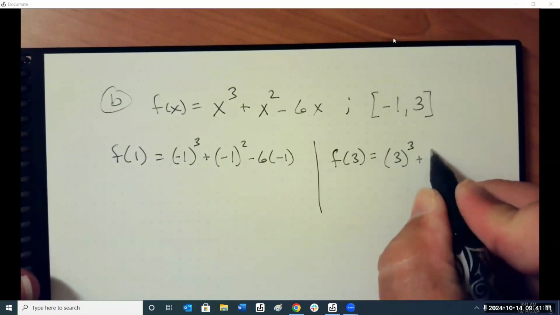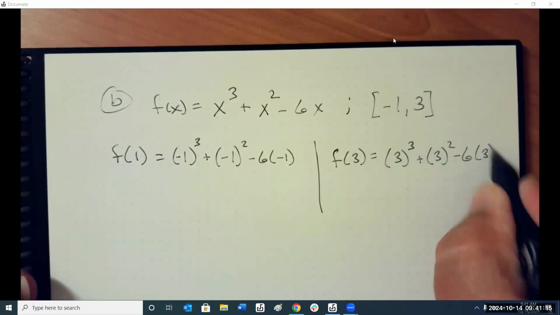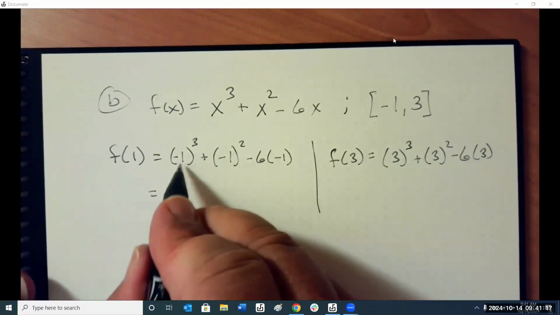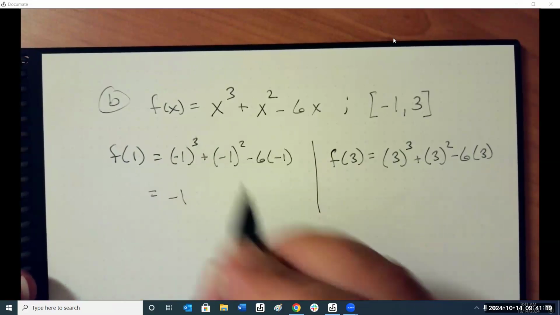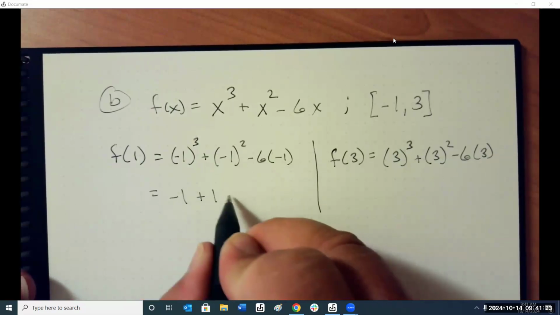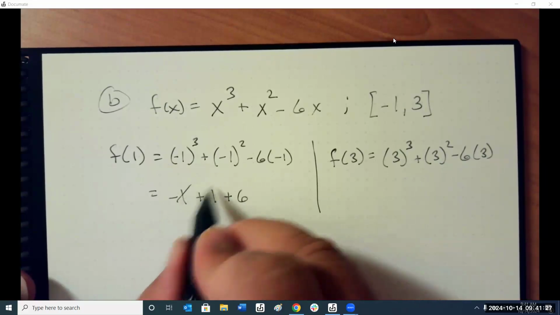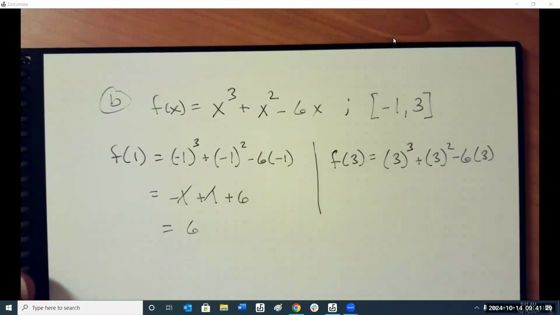3 cubed plus 3 squared minus 6 times 3. -1 cubed is -1. -1 squared is 1. Negative times negative is a positive 6. So the ones cancel. It's a positive 6.